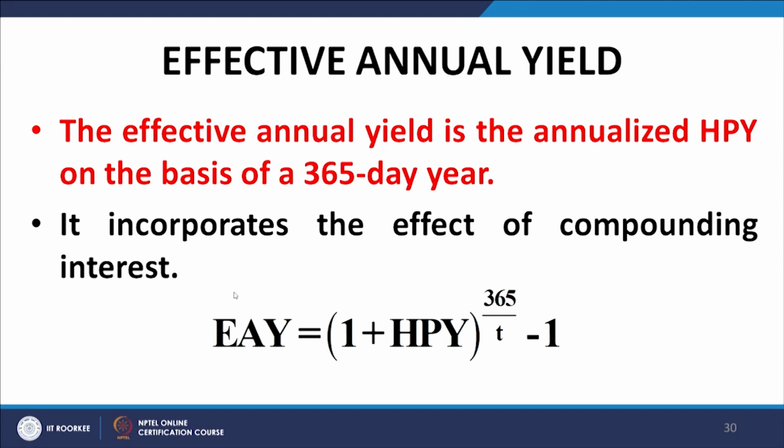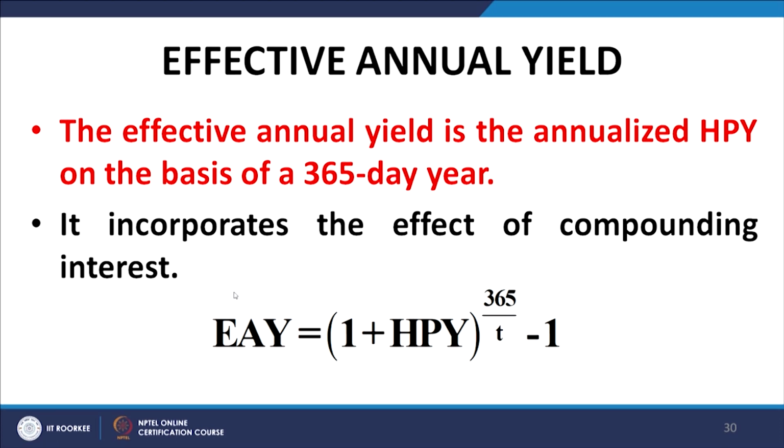Now, this is the most common form of yield, the effective annual yield. This eliminates the shortcomings of both the holding period yield and the banker's discount yield or the T-bill yield. The formula, as you can see here, involves normalization with respect to 365 days.